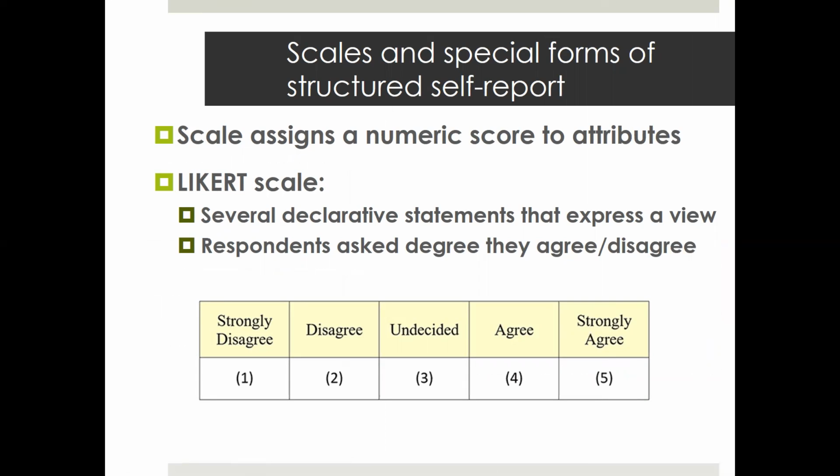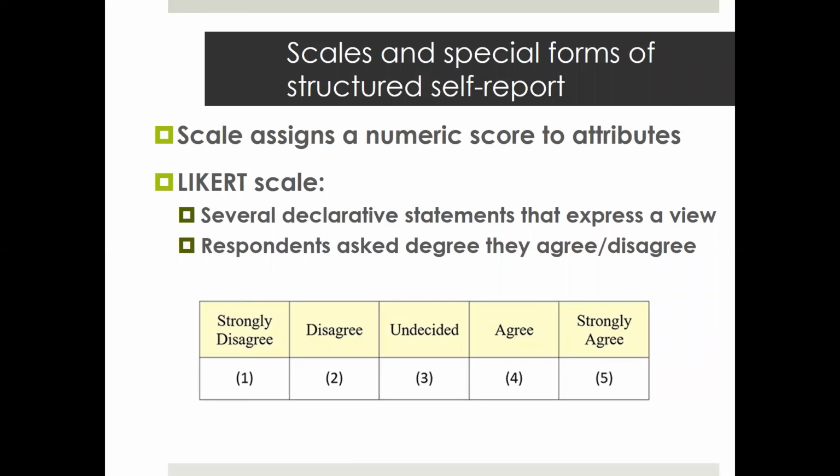In addition, often used in either an interview or in a questionnaire are different kinds of special scales. These are ways of giving a self-report. The most important one that you probably have been exposed to is called a Likert scale.